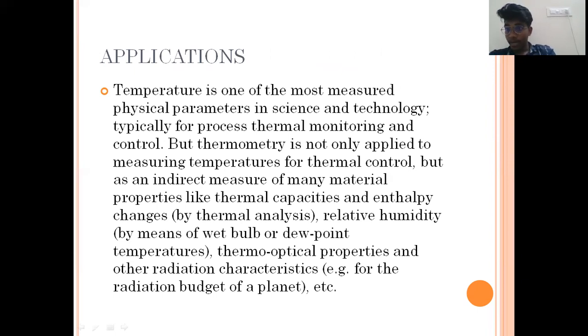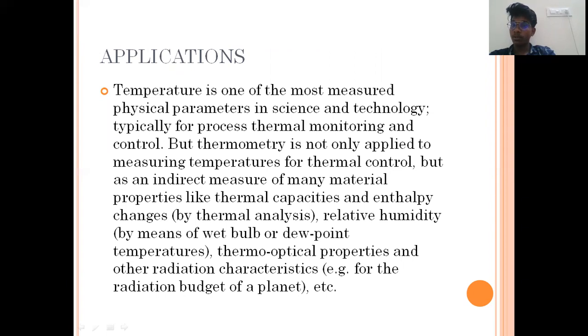So we have some applications regarding thermometry, where we use the thermometer. Temperature is one of the most measured physical parameters in science and technology, typically for process thermal monitoring and control.